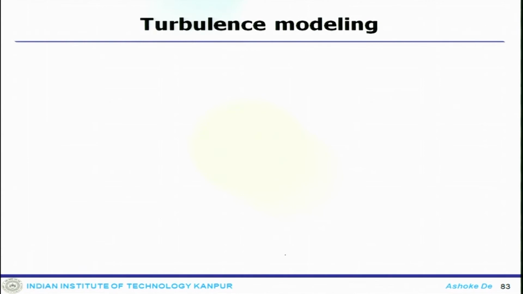If you solve the turbulent flow problem and use everything in your governing equations, you get this geometric diffusion coefficient.